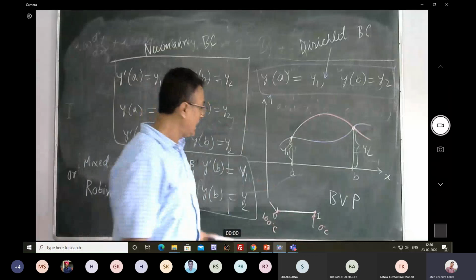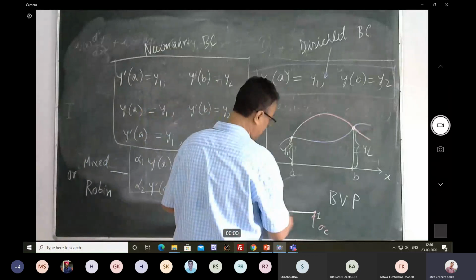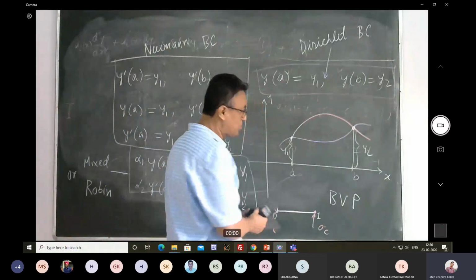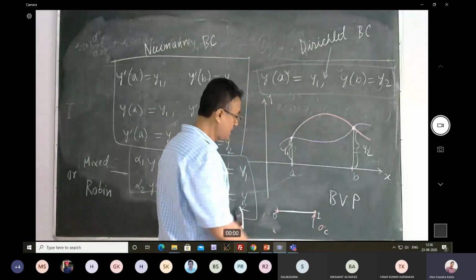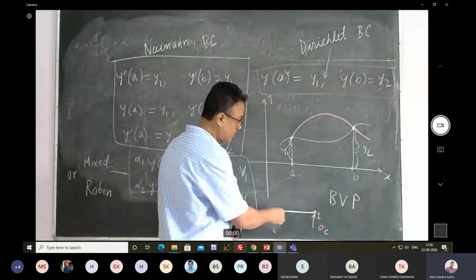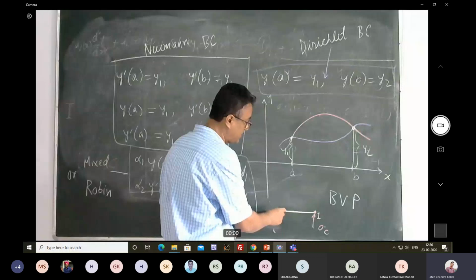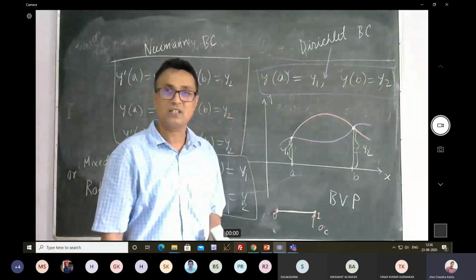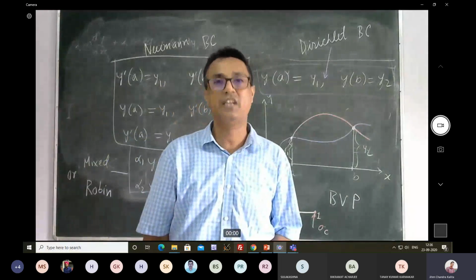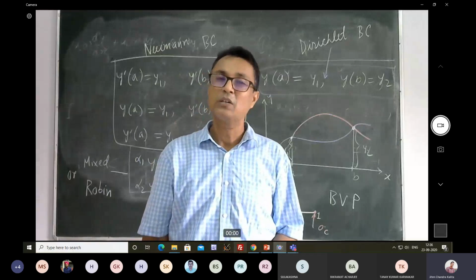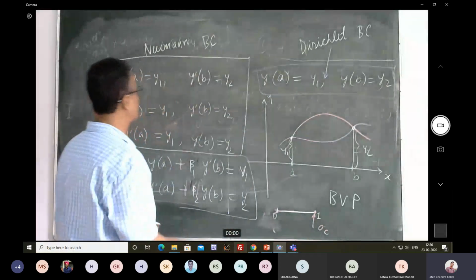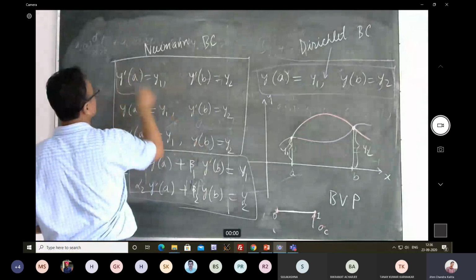Okay, fine. And it may so happen that at one end you are maintaining a fixed temperature, but at the other end you have given some insulation, so that no heat can exit or enter. In that case, you are going to come up with something like this.